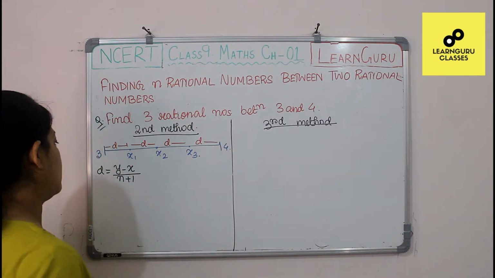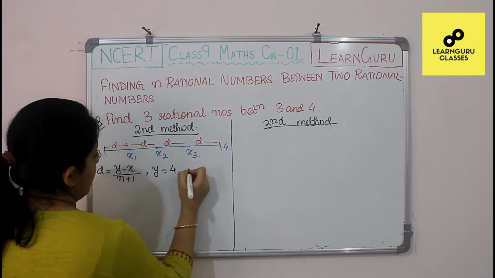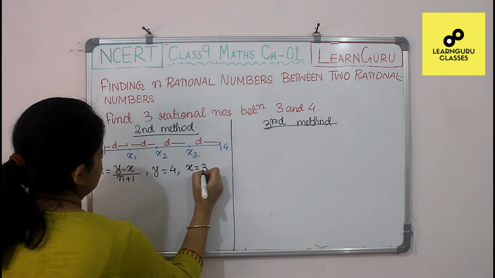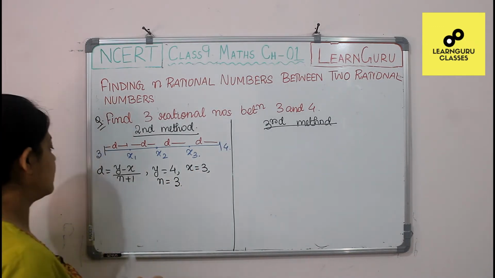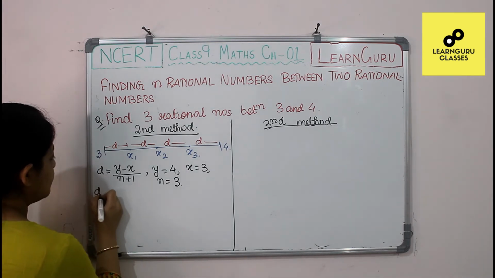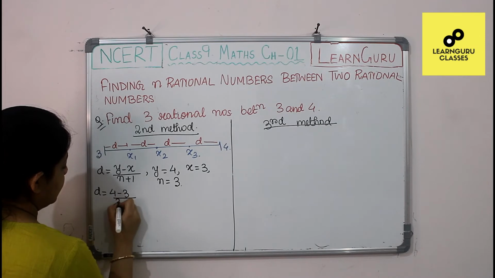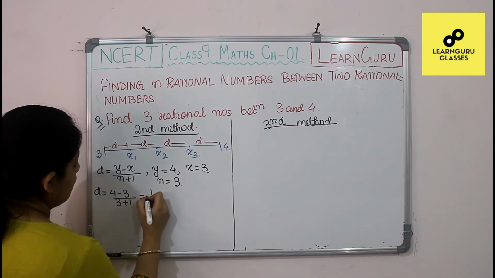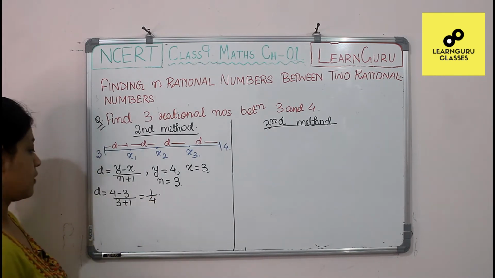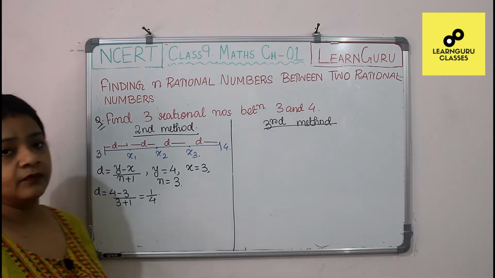Now what is the value of y? y is 4, x is equal to 3 and n is equal to 3, isn't it? So the value of d becomes (4 minus 3) divided by (3 plus 1). So 1 divided by 4 is the value of d.